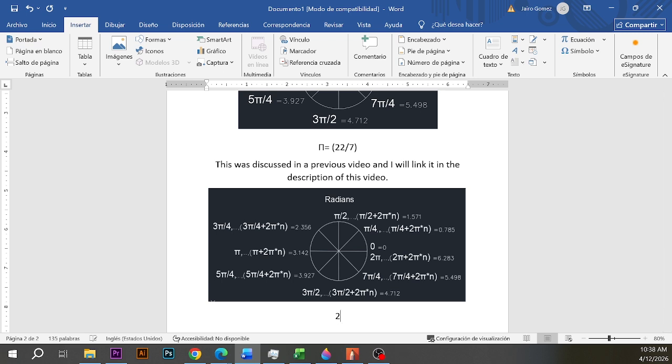We know that 2 pi is equal to 6.283, and if n goes to infinity, then we would have to multiply 6.283 times infinity, which gives us infinity.